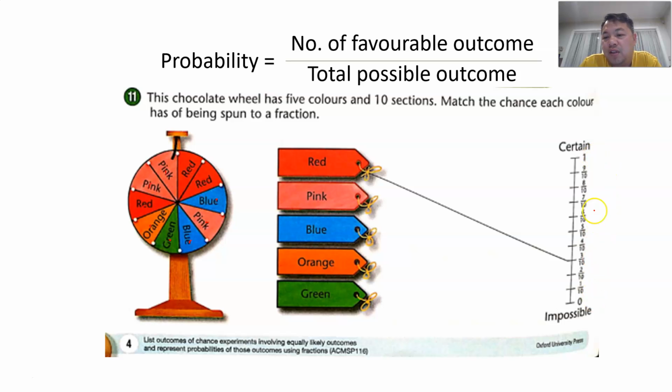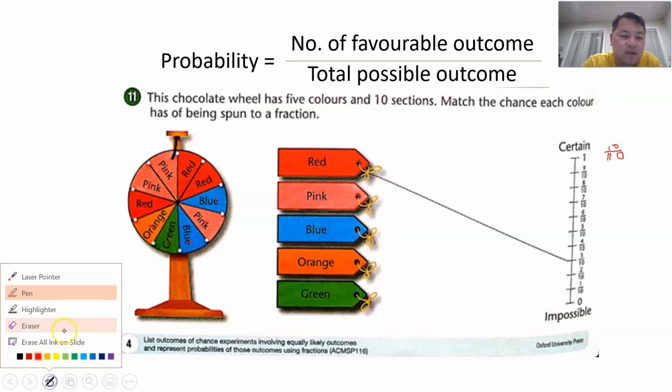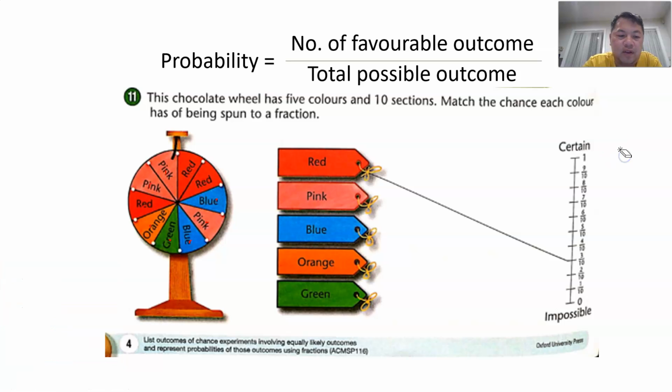The table here, everything is out of 10, except one whole. One whole is simply 10 out of 10, isn't it? Right, 10 out of 10. Okay, let me erase it again. Write properly. It's actually 10 out of 10. Okay, so red has been done. How will we get 3? 3, because there are 3 of them here. 1, 2, 3 of them.